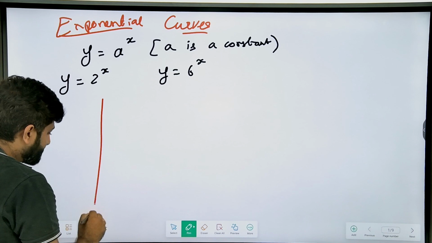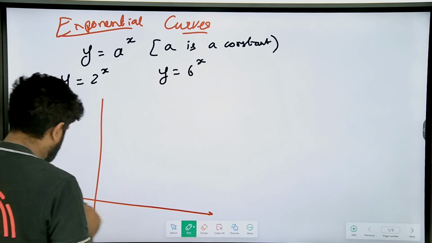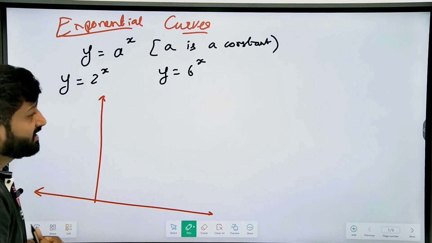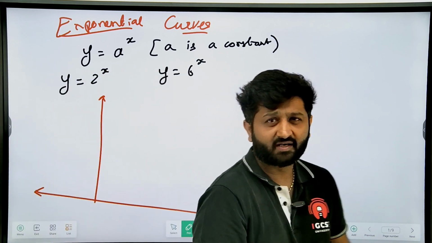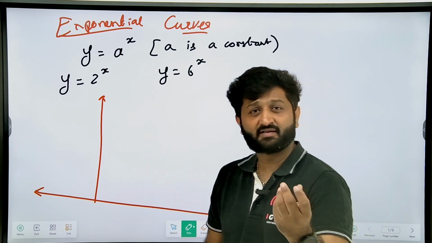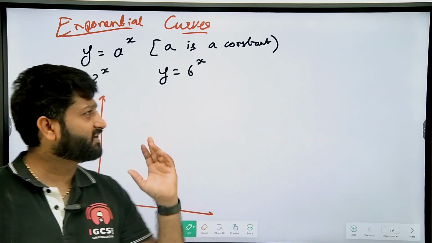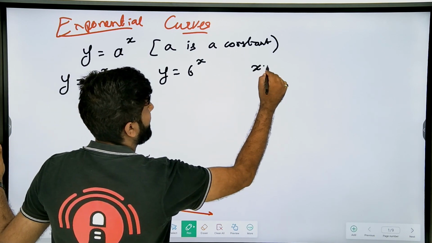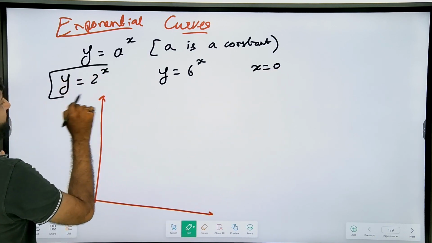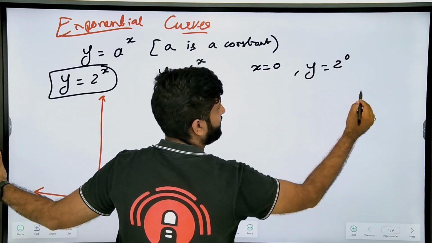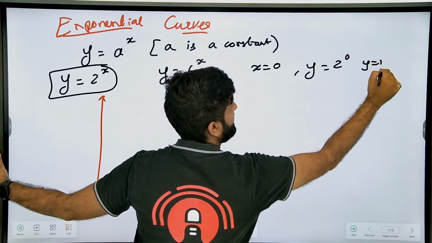So now how shall we plot this kind of graphs? For this kind of graphs, I'll use a simple way of, let me plot using that table function first, or let's say even if we do not use the table function, when x is 0 for this graph, y is going to be 2 raised to 0, that is y is 1.